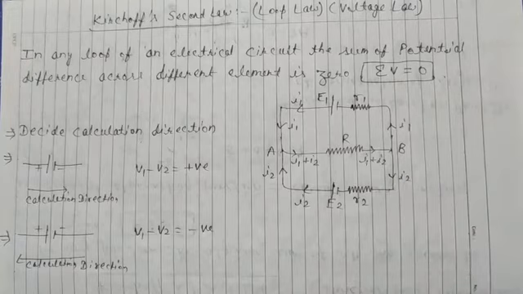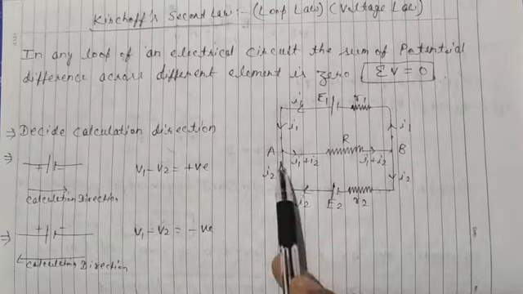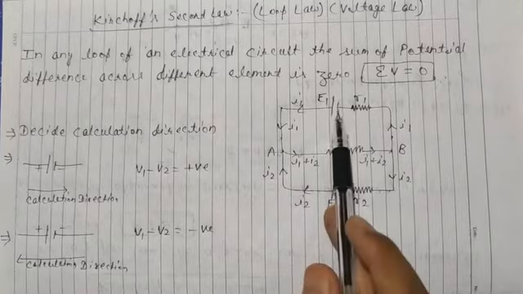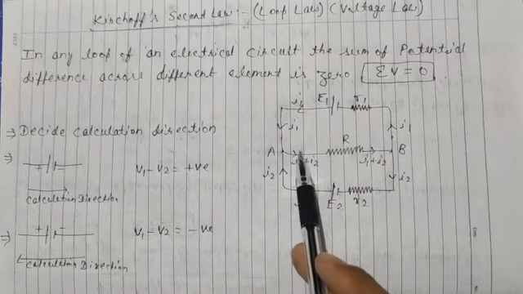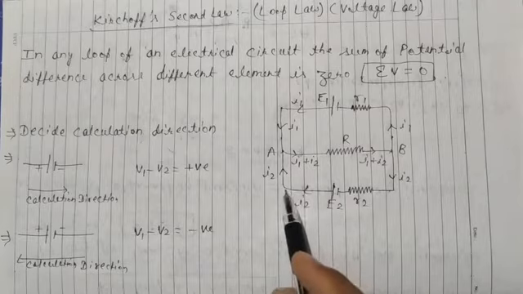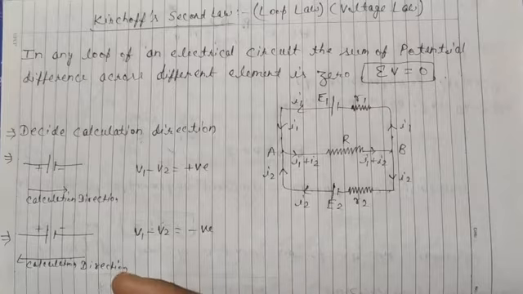Now we see the application of it. Here is the loop. Let's give it the name A, E1, B, A. This is one loop. Now what are the elements in this loop? Element means it may be a cell, a resistance, a capacitor or any other member which comes in the loop.